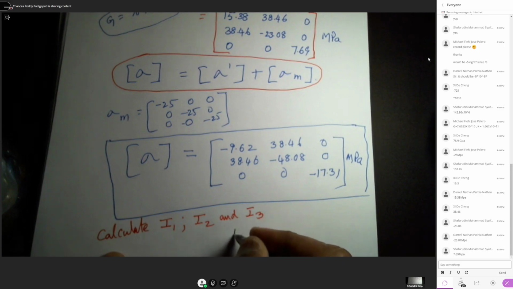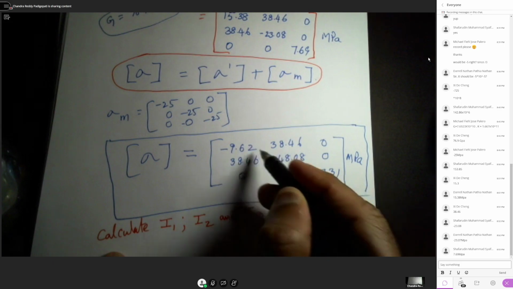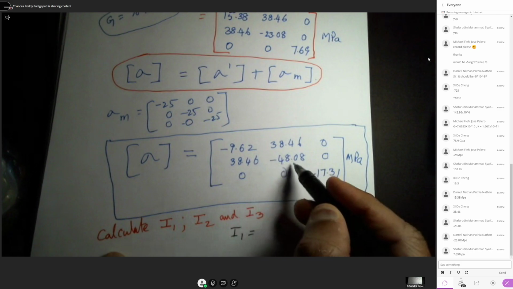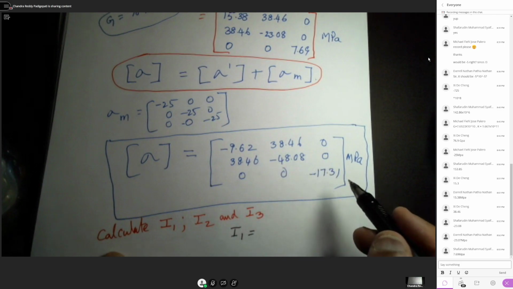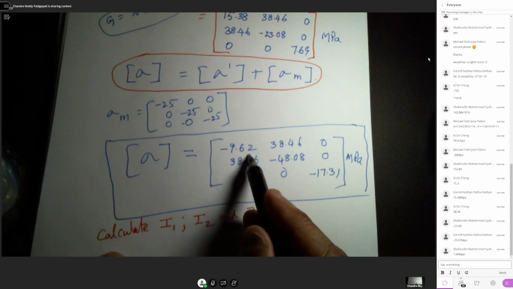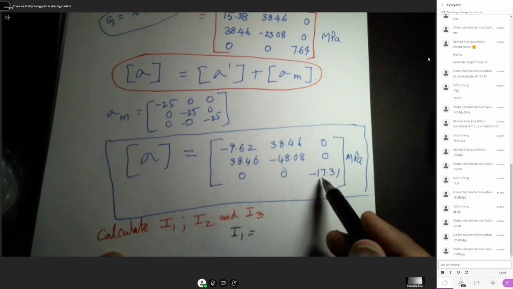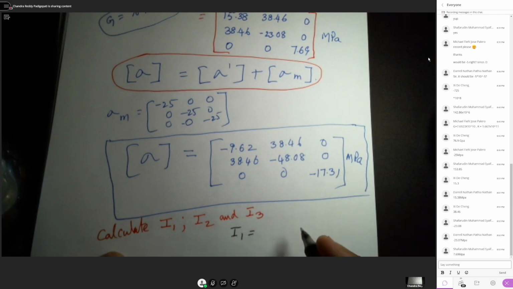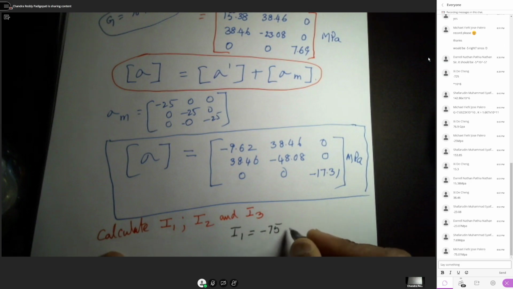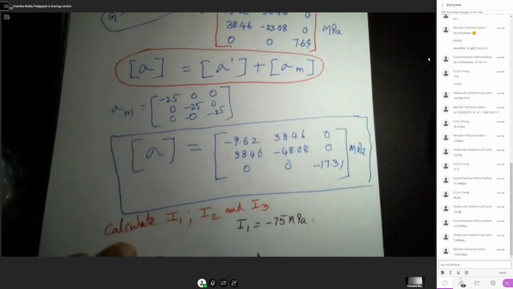So your I1 will be, you need to add the diagonal elements, sigma x plus sigma y plus sigma z. So negative 9.62, negative 48, and negative 17. If you add all these three things, how much you get? Negative 75 megapascal. That's correct, Michael.